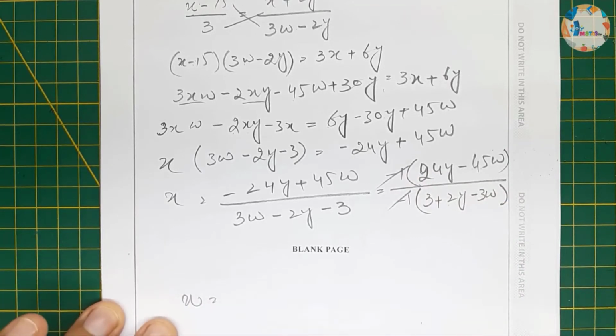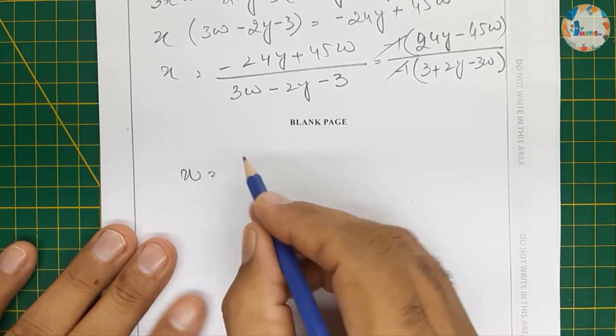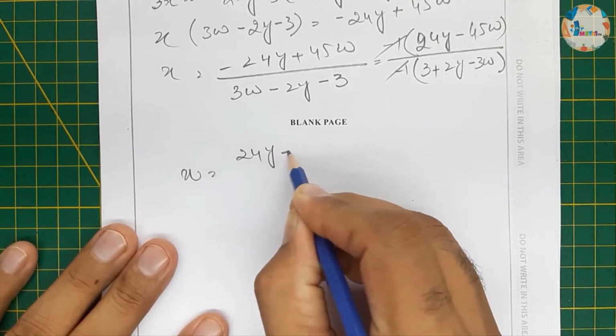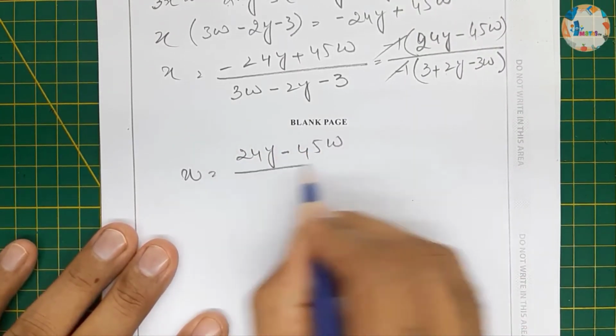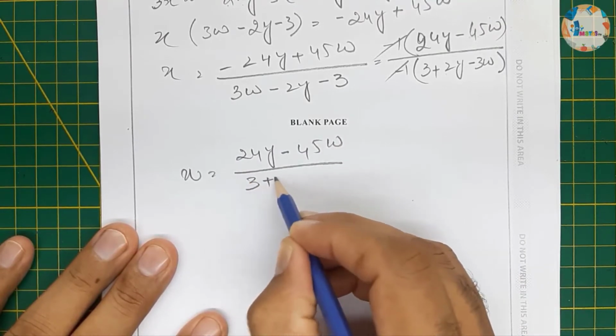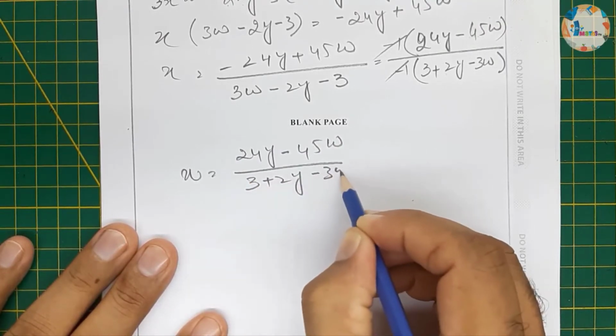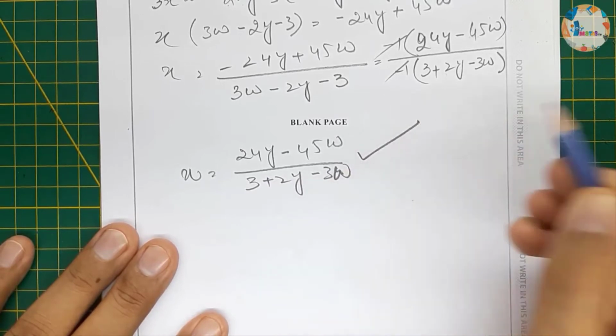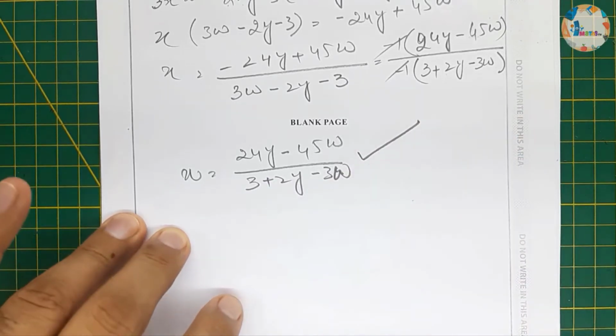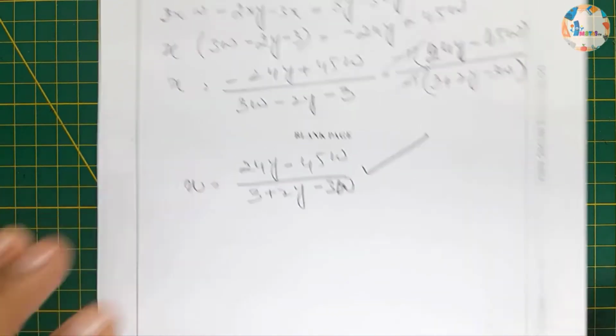So our final answer will be x is equal to 24y minus 45w divided by 3 plus 2y minus 3w. This one will be our final answer. Hopefully you understood this question as well.